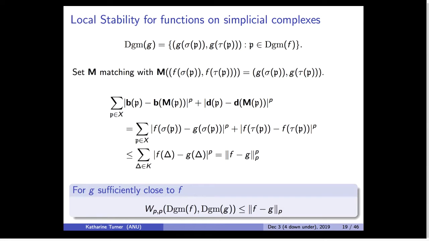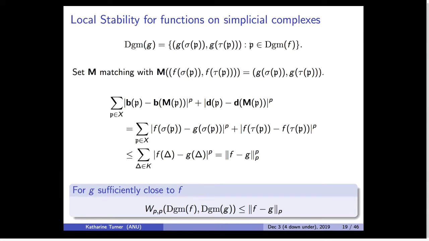And so if I take the cost of this matching, the P cost here, the PP cost, I'm getting the sum of the differences in the births to the P plus the sum of the differences in the deaths to the P for these critical cells, okay? All right, so in the end, I just sum over every critical cell and I take the difference in the function values.